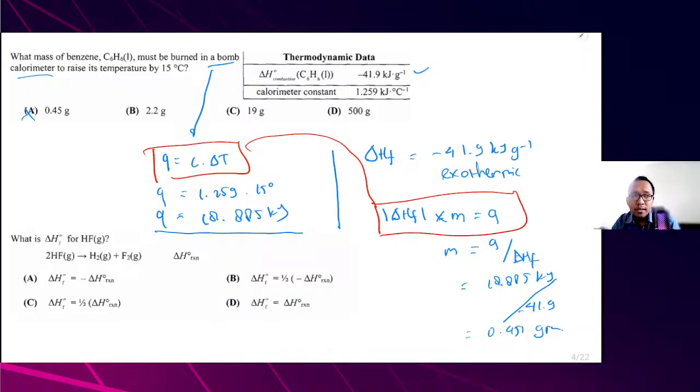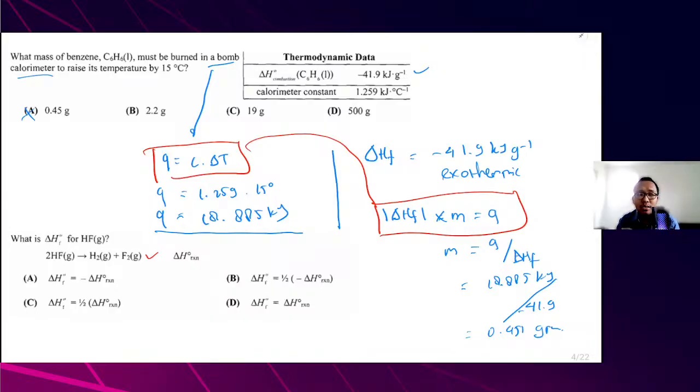Now, the standard enthalpy of formation for HF. What is the standard enthalpy of formation for HF in gas? As you can see, the choices here are about which one represents the balanced equation.